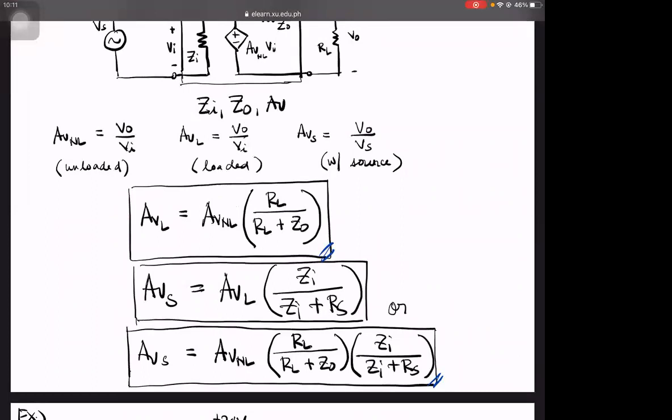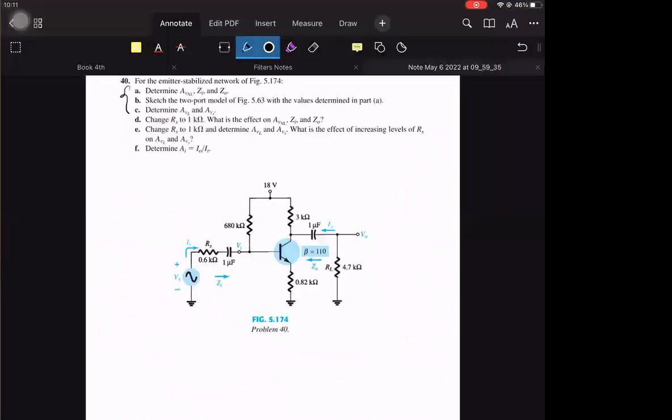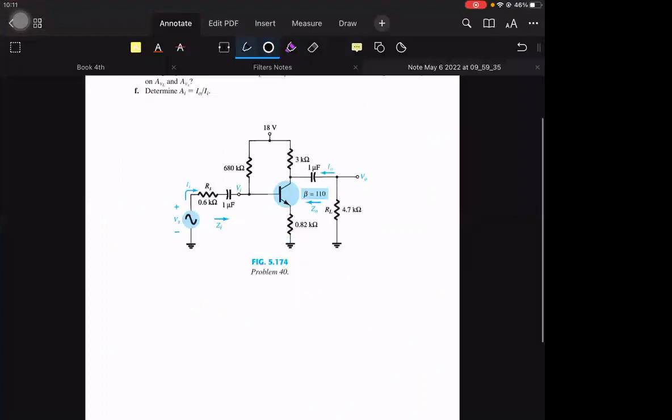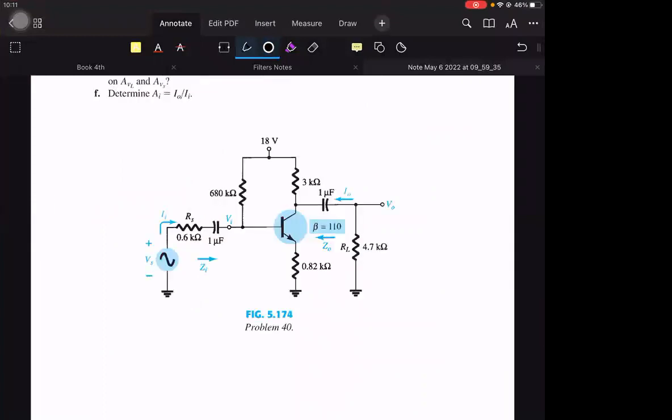Have them ready and we are going to easily solve this problem. Emitter bias.